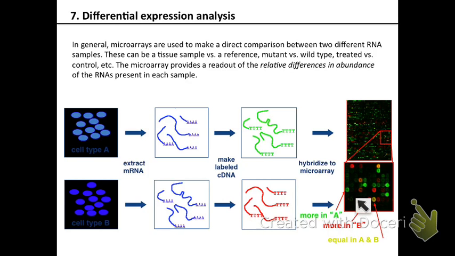Neither has been expressed in both of these cells, right? So what you see is you're going to have some relative expression. You're going to understand what the expression level of each gene is in both of these cell types, and you can also infer some idea about how much a gene is expressed on average, right? So if you don't see any signal, you know that that gene is not expressed very much.